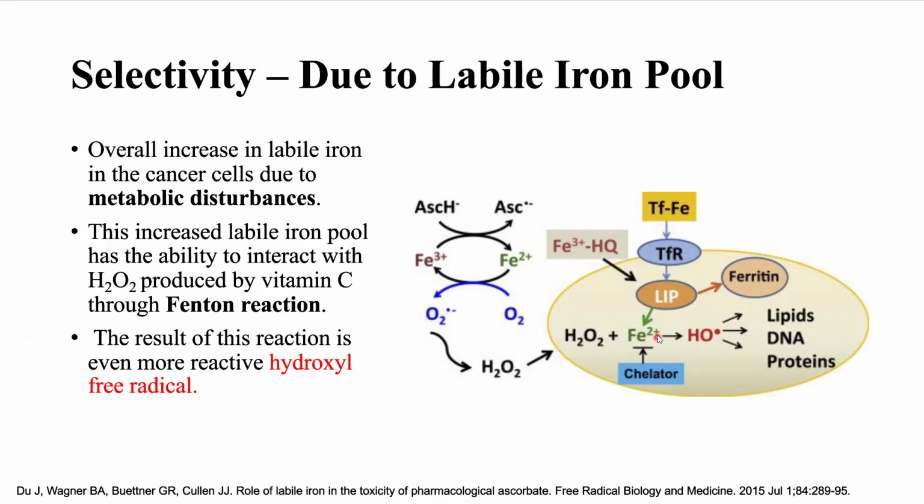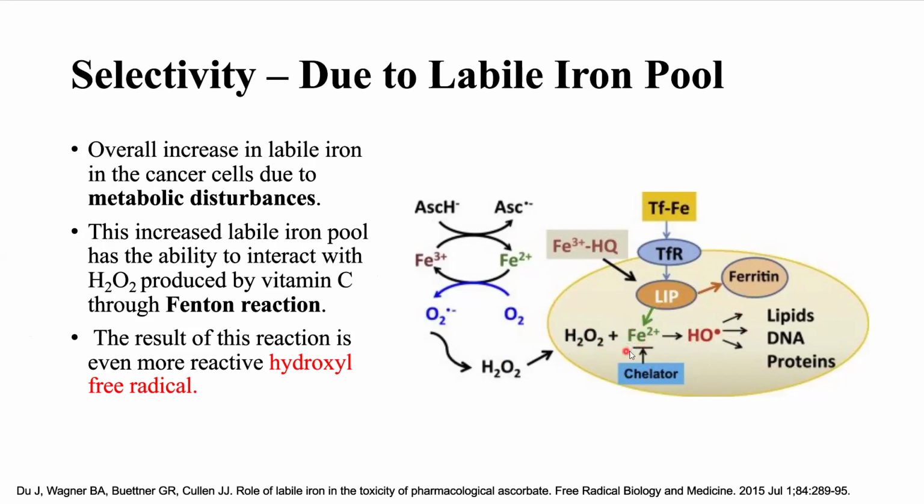And how it is produced is because there is excess iron present in the cancerous cell. So iron, when it reacts with hydrogen peroxide, is going to produce this species, the hydroxyl radical, and then it is going to cause the damage.